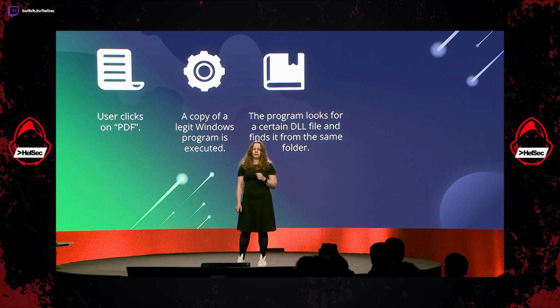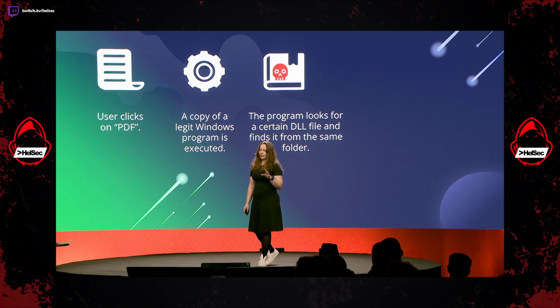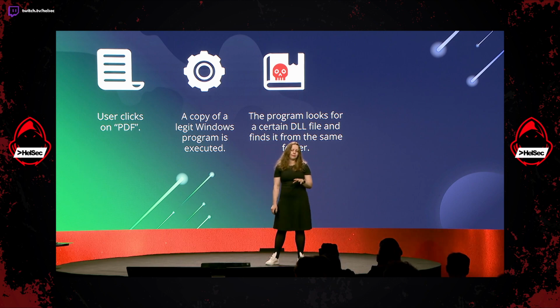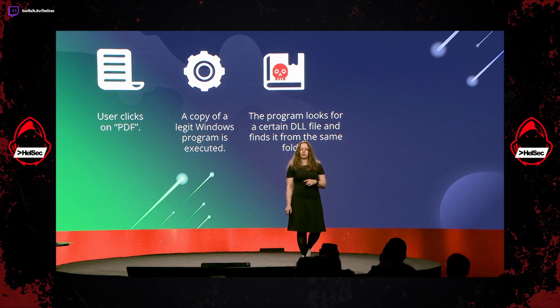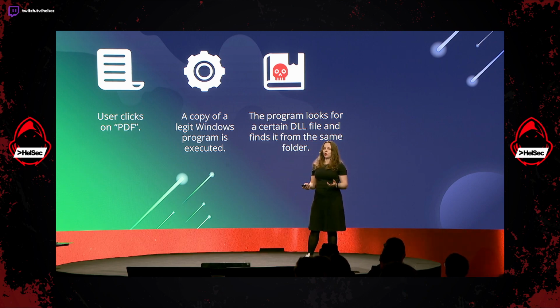Now, this DLL is malicious. This is the one that the malware developer has developed. It doesn't contain the code, the data that the program is looking for. The problem here is that in order for the malicious code to be executed, the program needs to be kept running. And in order to do that, the first thing that the developers do is insert in the beginning of the file some guidance on how the program can find the pieces of data or the functions, whatever it needs.